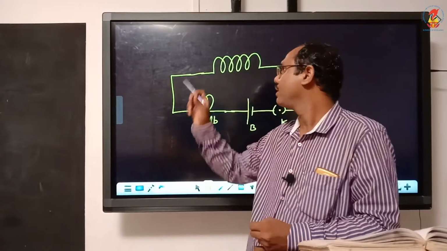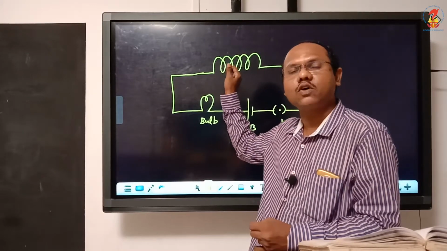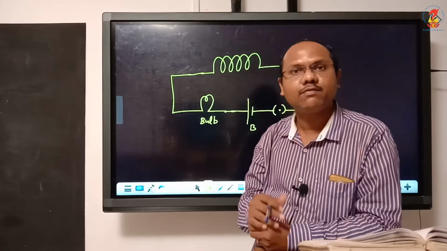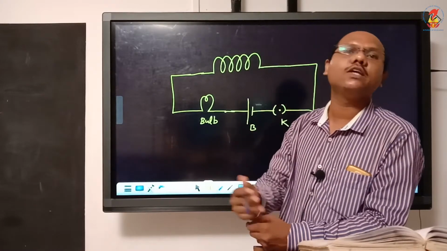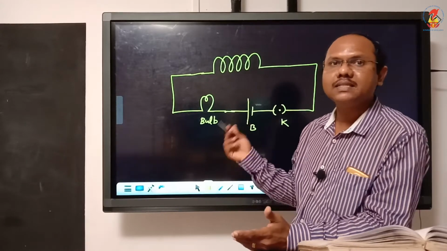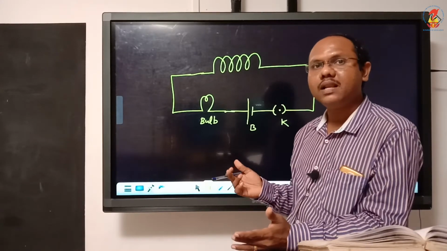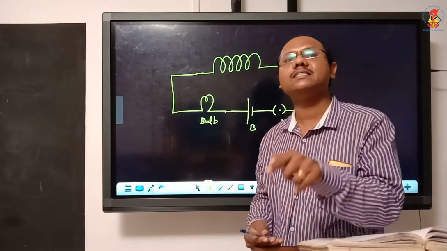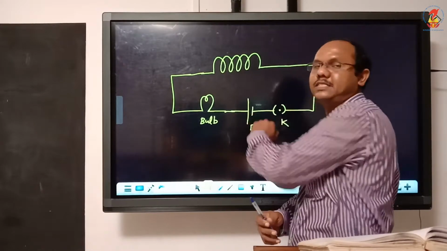As a result, magnetic flux linked with the solenoid also decreases. And when magnetic flux decreases, again induced current will be formed. But according to Lenz's rule, this induced current will oppose the decrease in the current.